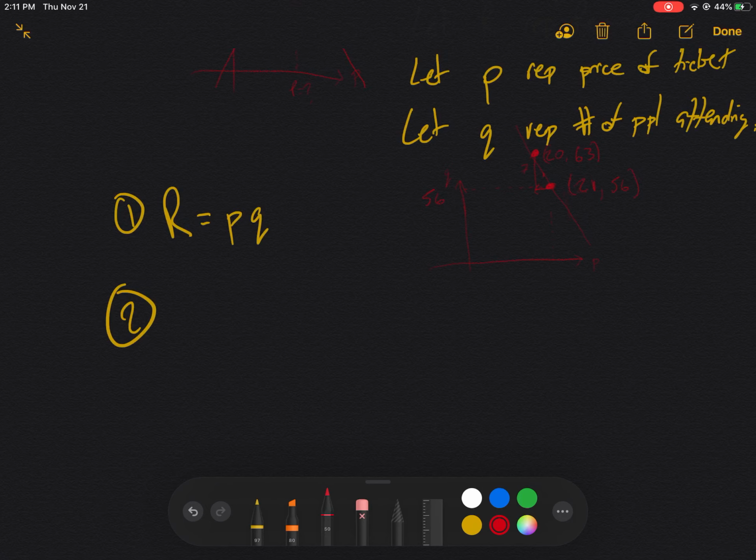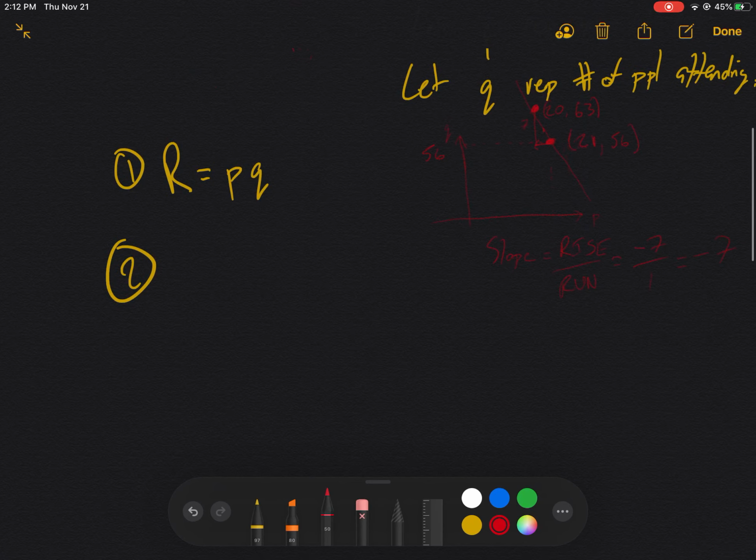Anyway, once I have the slope, my slope is rise over run, which is equal to minus 7 over 1, or minus 7. Now, how do we get the equation of this line? How do we map it? Well, we have to say y equals mx plus b.